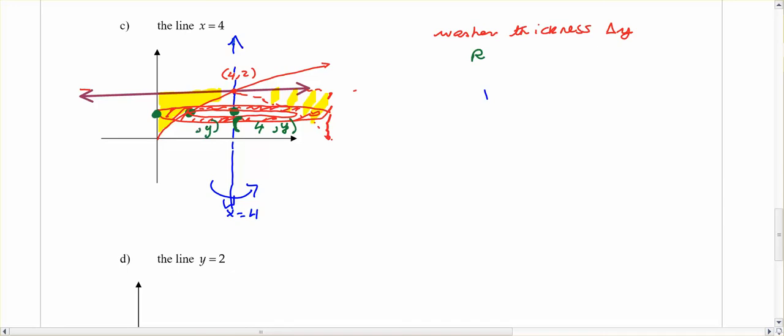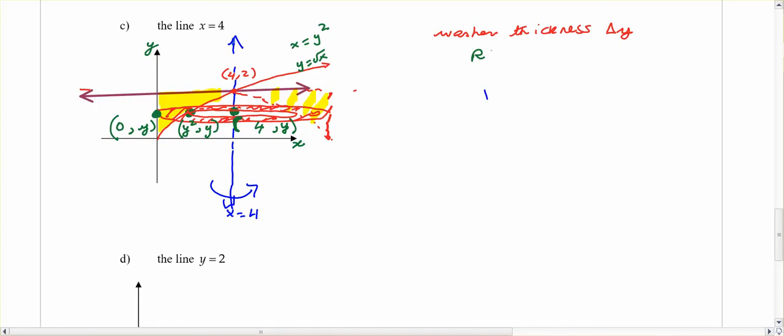The inner rim, okay, it's on the graph of y is root x, and we already know that's x is y squared. So it's x is y squared. The outer rim of the washer has an x of 0 because it was on the y-axis.